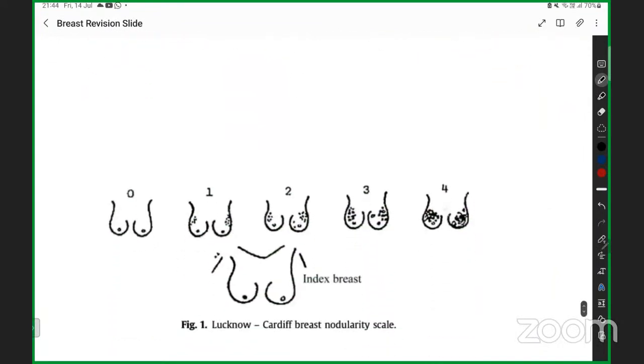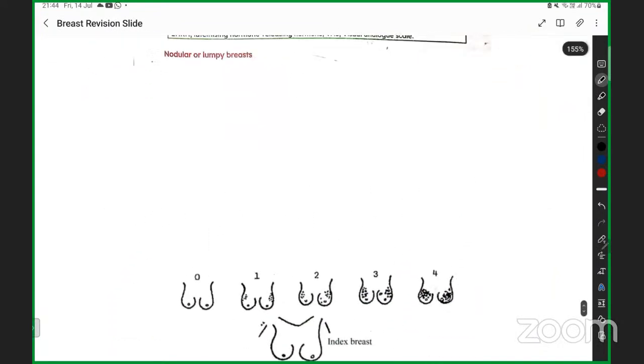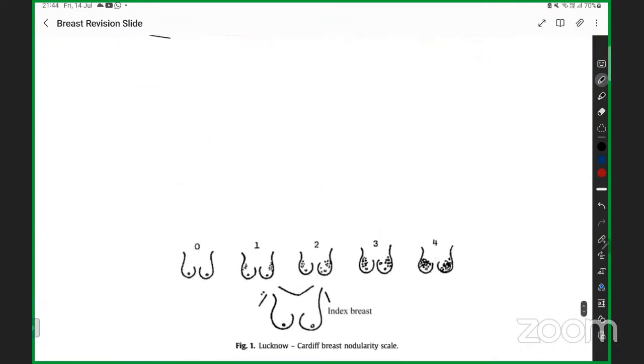Moving on towards a very important thing. When the patient has a nodular or lumpy breast, we go for one important assessment along with your triple assessment, that is the Cardiff Lucknow nodularity scale.